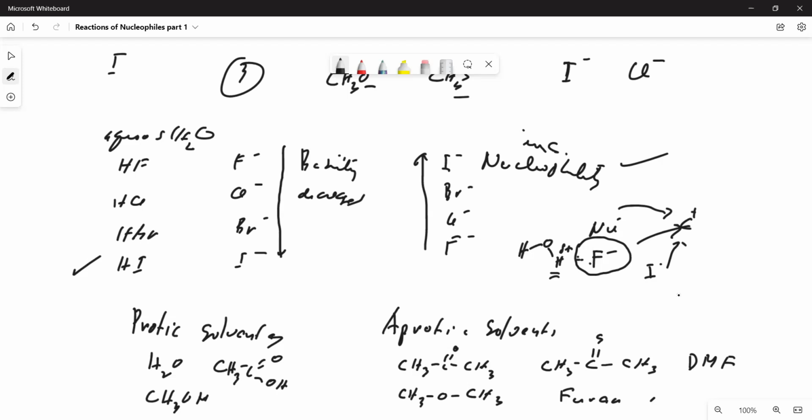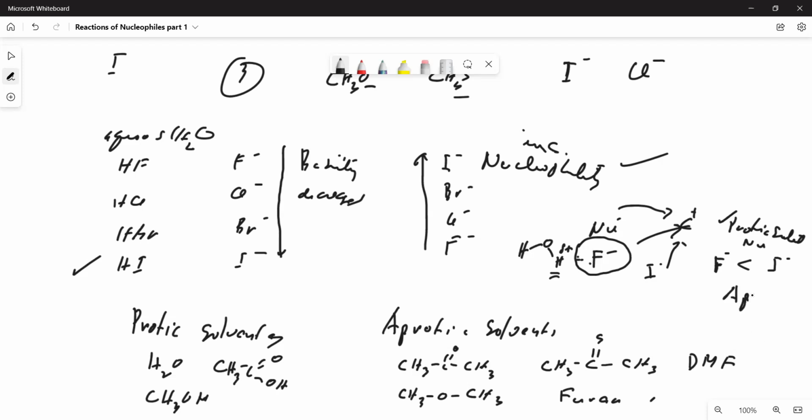So in protic solvents, if you compare fluoride and iodide, which is less nucleophilic or which is more nucleophilic, the fluoride will be less nucleophilic in protic solvent.